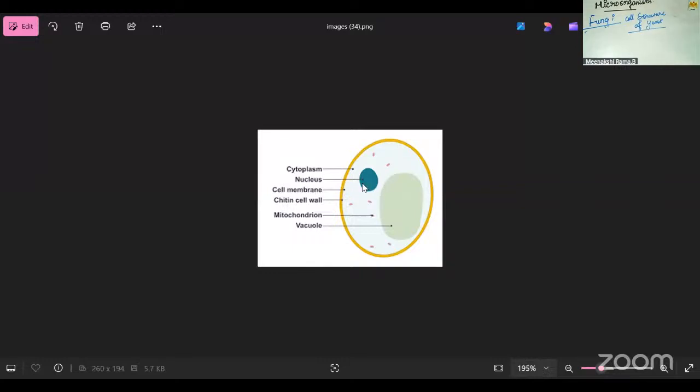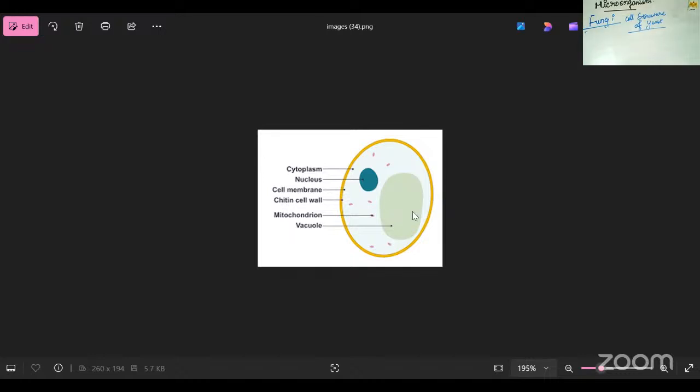The center part is called the nucleus. The outer covering is called the cell membrane. The cell wall is made of chitin. The mitochondrion is present inside. The vacuole is the open space without any particles, the hole is called the vacuole. The cytoplasm is all around the yeast.